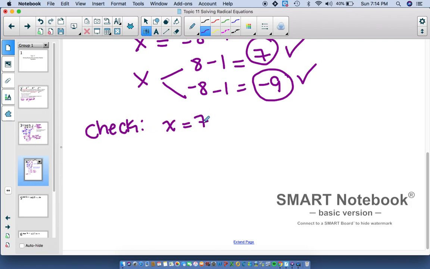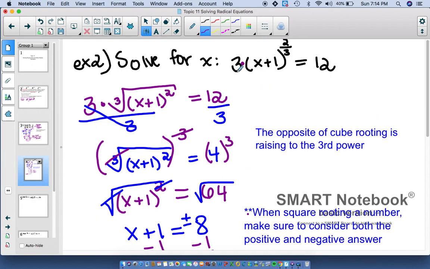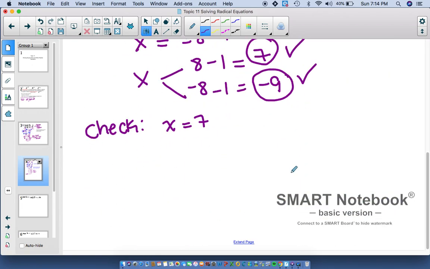So let's check x equals 7. Now, you could plug it into the original, but I just don't like the rational exponent. I find it confusing, so I'm going to plug it into the radical version. So it was 3 times the cube root of x plus 1 squared equals 12. Let's plug in 7.